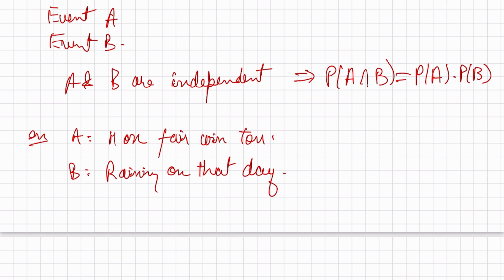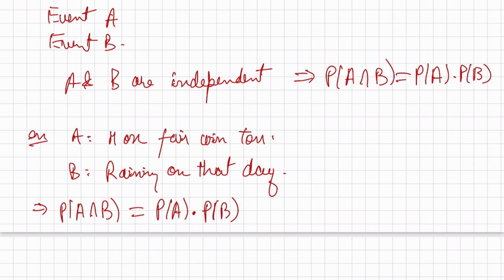Okay, and by all practical means, they've got to be independent. They don't really affect each other. And so if I had to compute the probability of A intersection B, that basically means A and B happening on the same day. That is, if I toss a coin and I get heads, the probability it rains on that day, they're going to be independent. So it is nothing but the probability of A times the probability of B. That is, what is usually the probability that it rains on a given day times the probability you get heads.